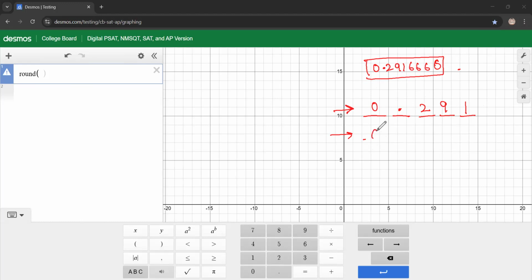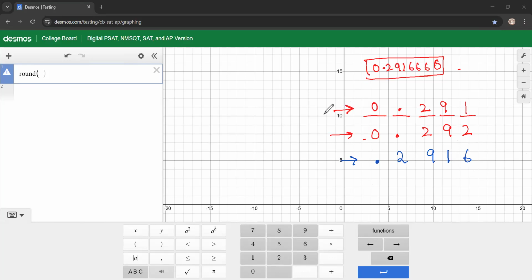You can also write 0.292. So here we learn that SAT is not very particular about your round off. It will accept your answer. You can also start from the decimal itself, 0.2916. Okay, this is also acceptable.